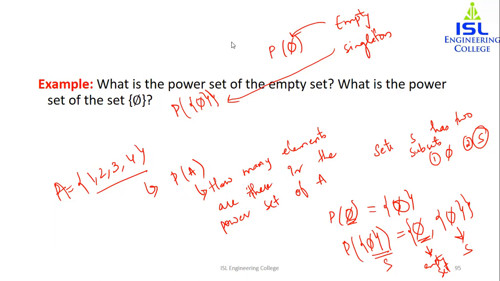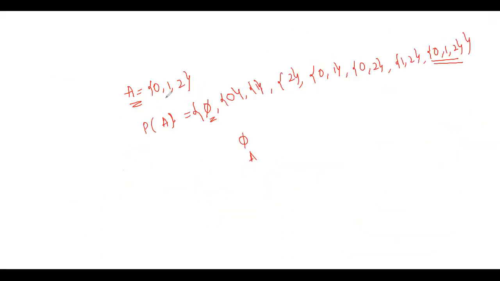If you remember the example, for A having 3 elements, let's count the number of elements in P of A. There were 1, 2, and so on, a total of 8 elements. So if A had 3 elements, the power set had 8 elements.